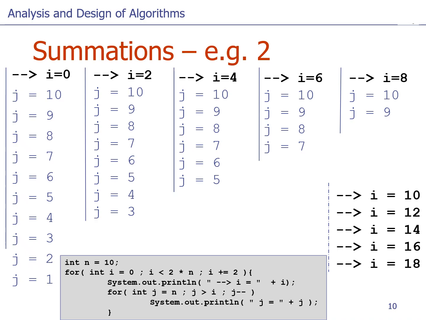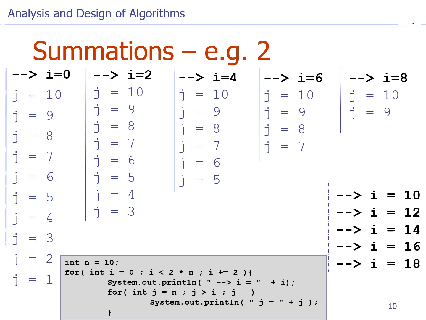Now you notice when I is 0, when we go inside the program running for the first time, the j will go all the way from 10 to 1, because the j starts from 10, and as long as it's greater than I, which is 0, we will keep decrementing and printing, so we'll go from 10 to 1.